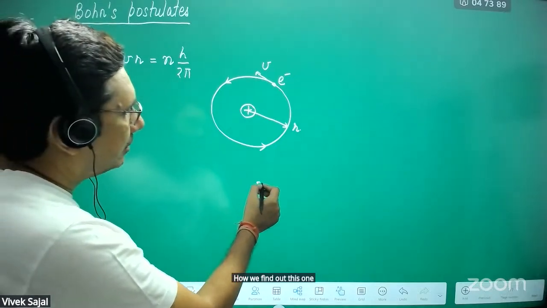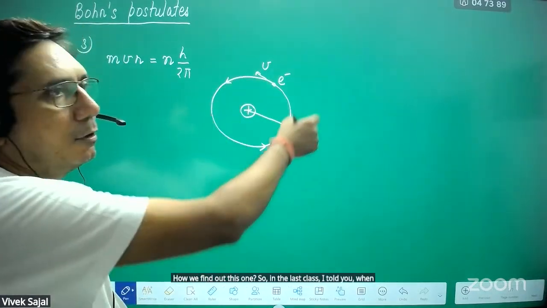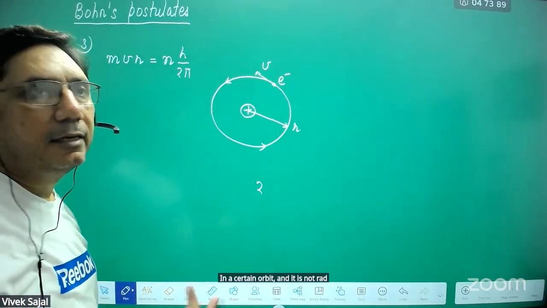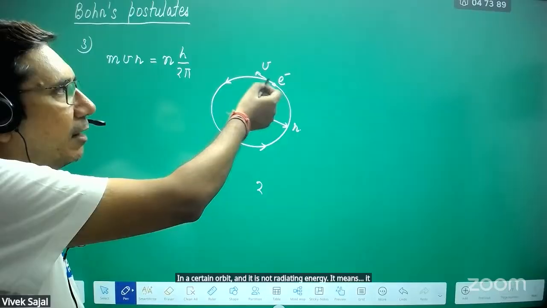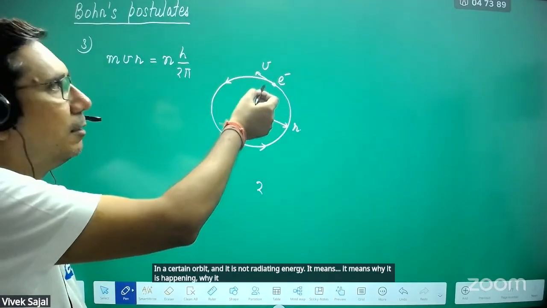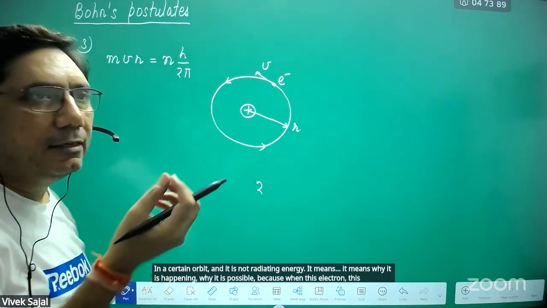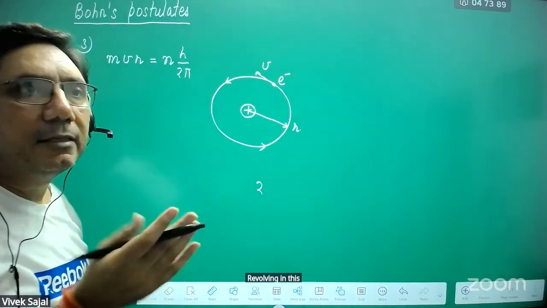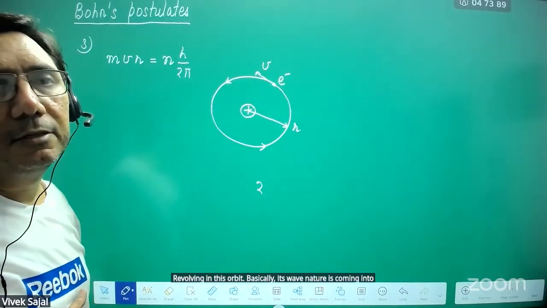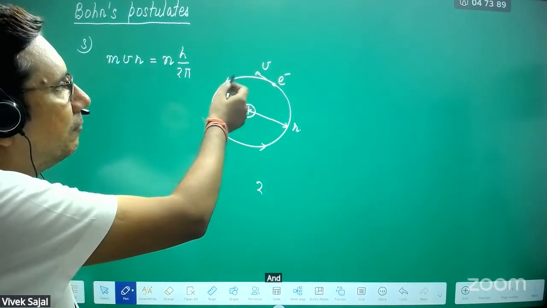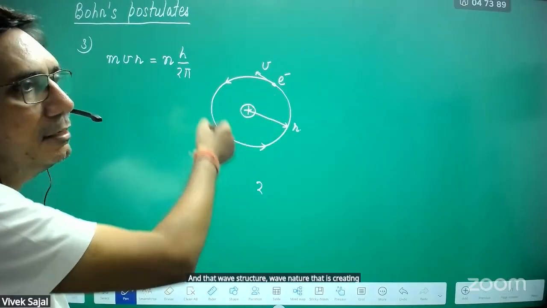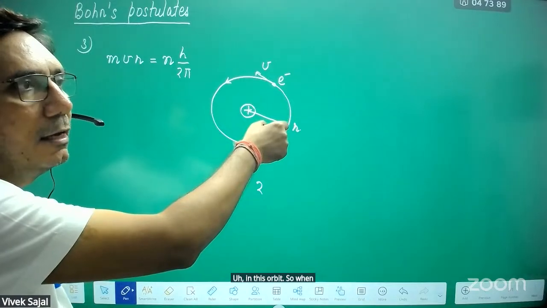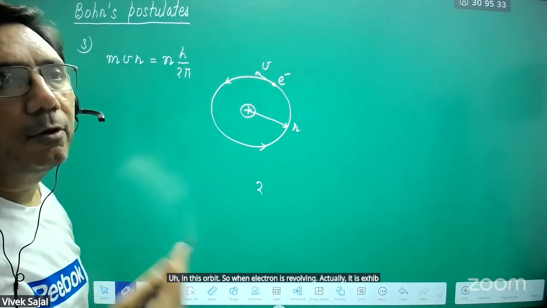In the last class I told you that when the electron is revolving in a certain orbit, it is not radiating energy. Why is that possible? Because the electron is a quantum particle, and when it revolves in this orbit, its wave nature comes into the picture, creating a stationary wave structure in the orbit.